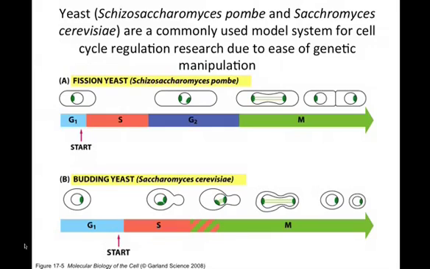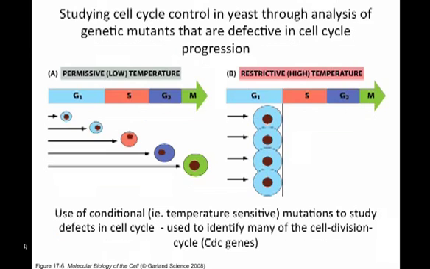Okay, so yeast is a very commonly used model system for cell cycle regulation, and there's two types, fission yeast and budding yeast, and it really has to do with how they divide. And so this brings in the concept of temperature sensitive or conditional mutants.